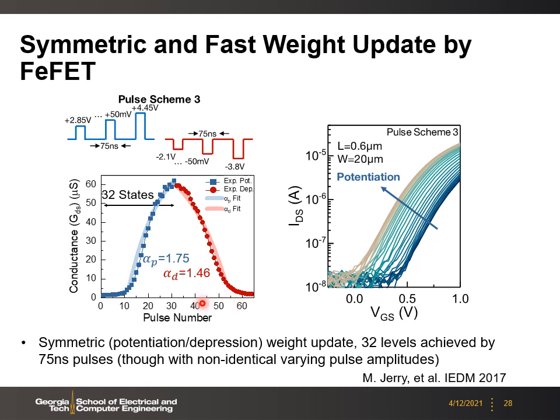It's quite symmetric with respect to potentiation and depression. In total, we can achieve 32 states, that means 5 bits, in this FeFET device. The right-hand side shows the ID-VG curves of the corresponding multi-level states, and you see the gradually changed threshold voltage.